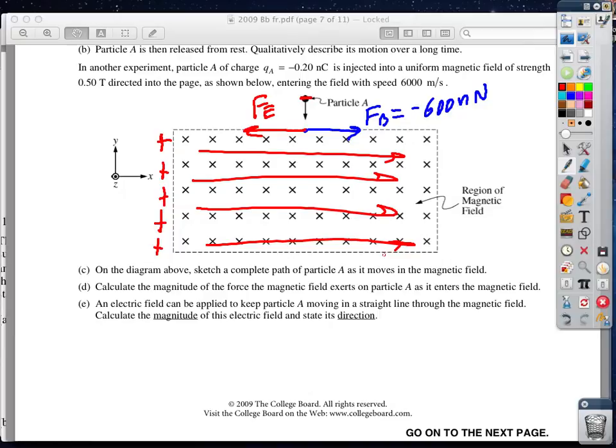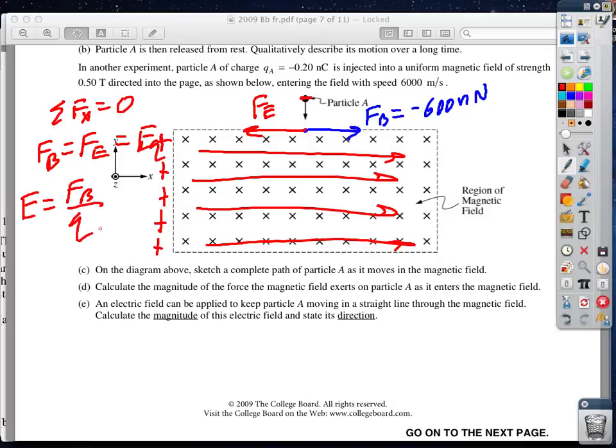And then I can go ahead and calculate it. So I'm going to say the sum of the forces is equal to 0 in the x direction. So basically I'm saying FB is equal to FE. And since FE is EQ, then E is equal to FB over Q. And then FB, when we calculated that, what equation did we use?